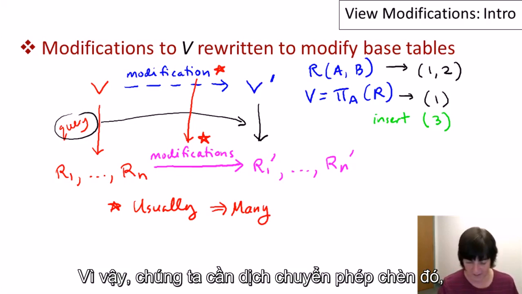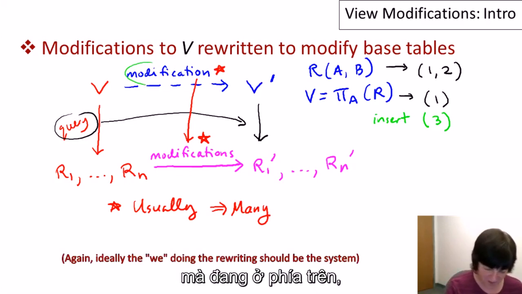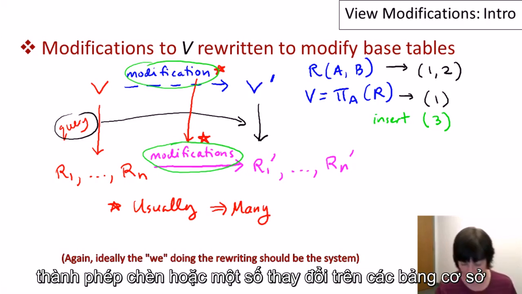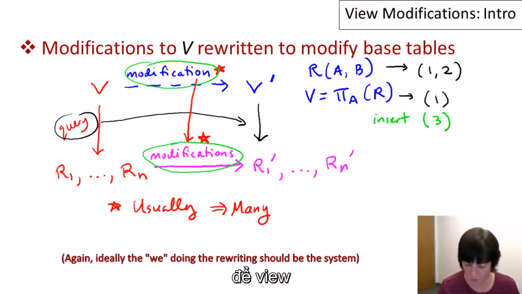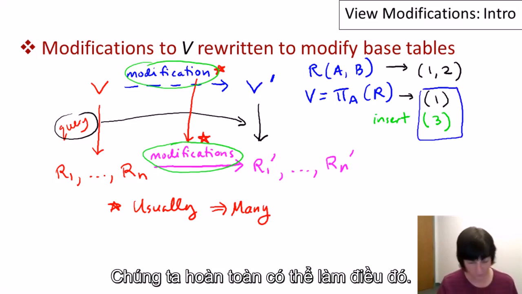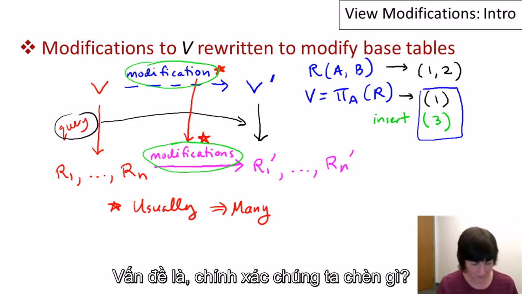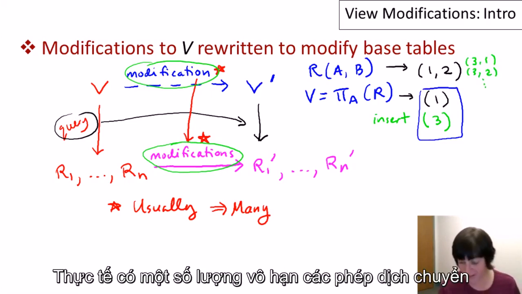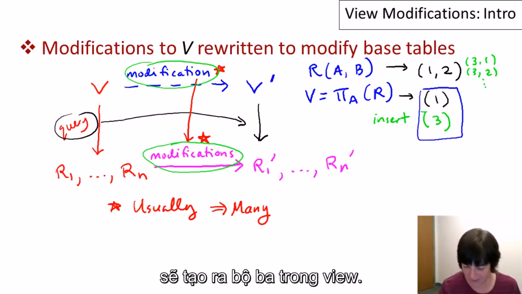So we need to translate that insertion, which again is up here, into insertion or some modification on the base tables so that the view will, when we're done, contain the tuples 1 and 3. Well, we can certainly do that. The problem is, what exactly do we insert? We could insert, for example, 3, 1, we could insert 3, 2, and so on. So there's actually an infinite number of translations that will create the tuple 3 in the view.